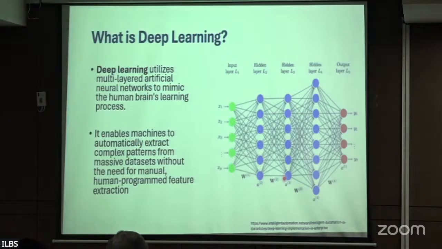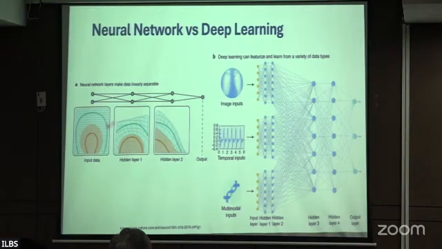Everything is inside. So a neural network can handle nonlinear data. If this is the input data, the blue and orange lines show the characteristics of the data. It is not linearly separable data, it is nonlinear.